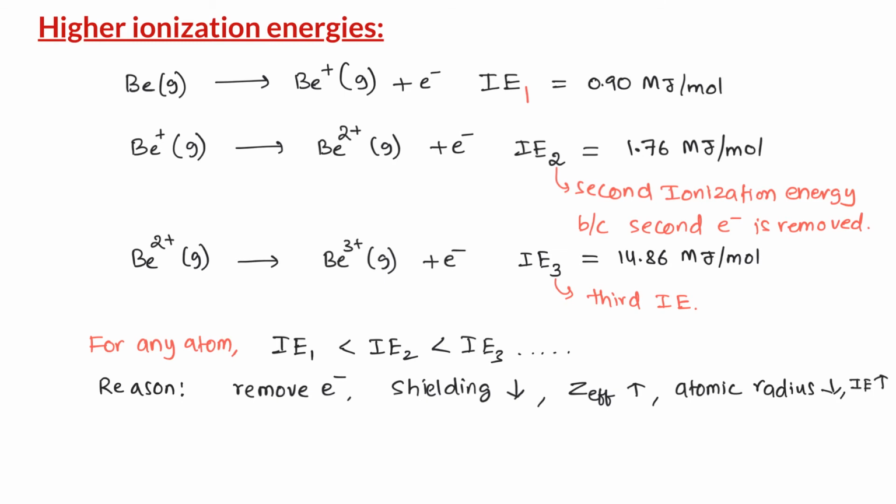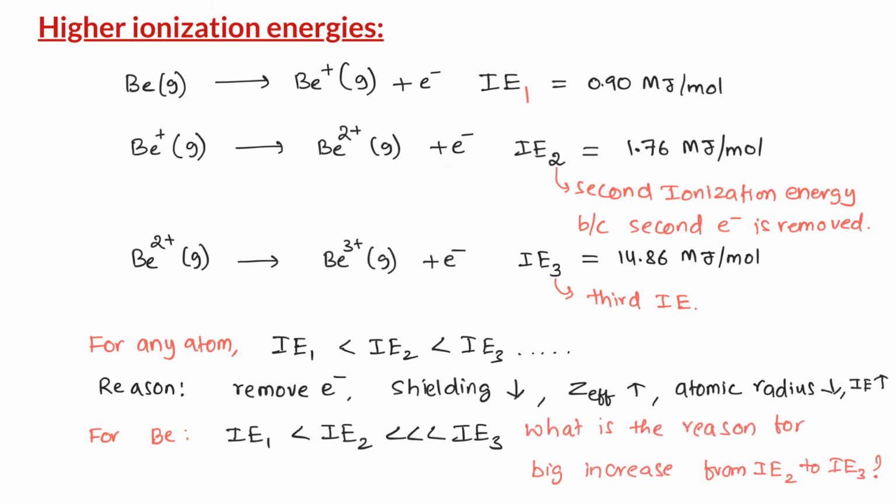However, for beryllium, the increase in ionization energy from IE2 to IE3 is much greater than the increase in energy from IE1 to IE2. That is, the third electron in beryllium is much harder to remove than that of the second electron in beryllium. Why is that so?